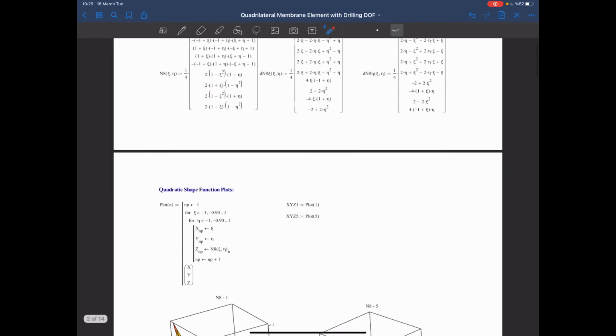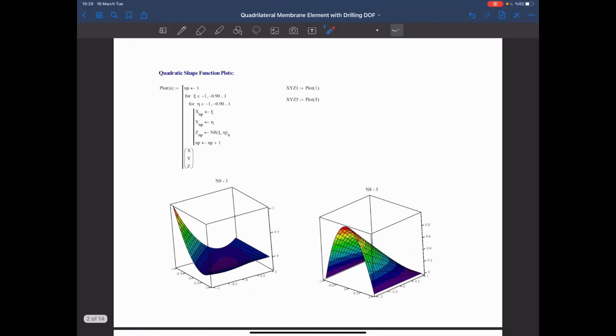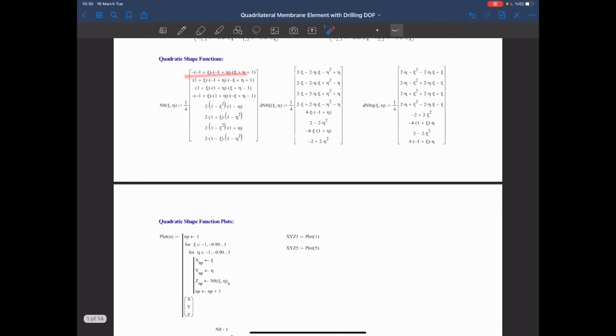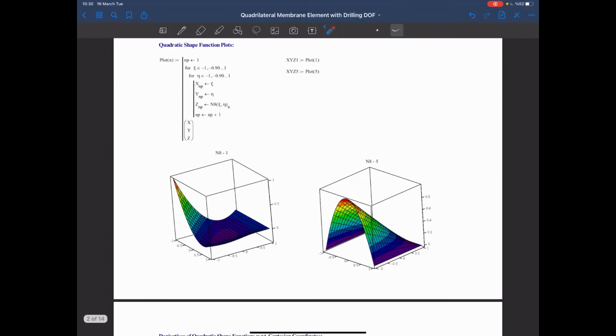Now let's plot these quadratic shape functions. So this is the first one. In other words, it's the plot of this, the first equation in the natural coordinate system. So as you see, it's equal to 1 at one of the nodes. So the rest, the mid nodes and the other nodes, they are all equal to 0.